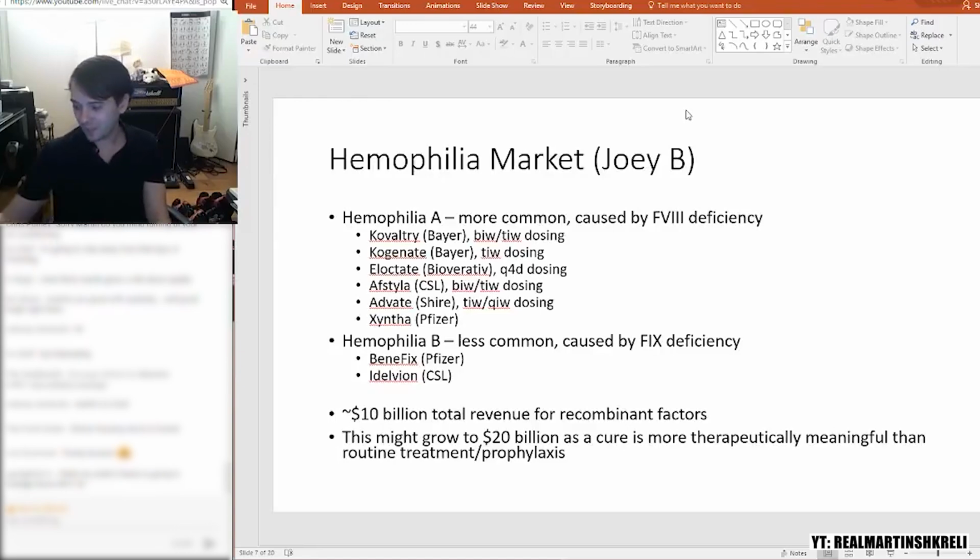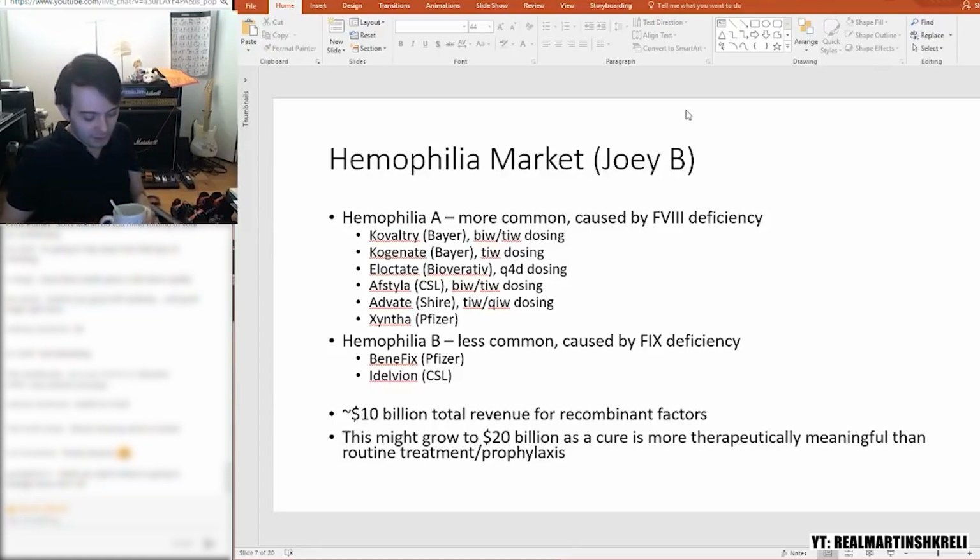It's not surprising that some things go wrong, and these patients need these either prophylactic or acute episode treatments, and these can actually cost, believe it or not, $1 million a year often, because if you have really uncontrolled bleeding, these patients will have to use a lot of the factor 8 or factor 9. They're really expensive drugs. It's a huge market dominated by a handful of players that you can see here. But I actually think this market would grow even further.